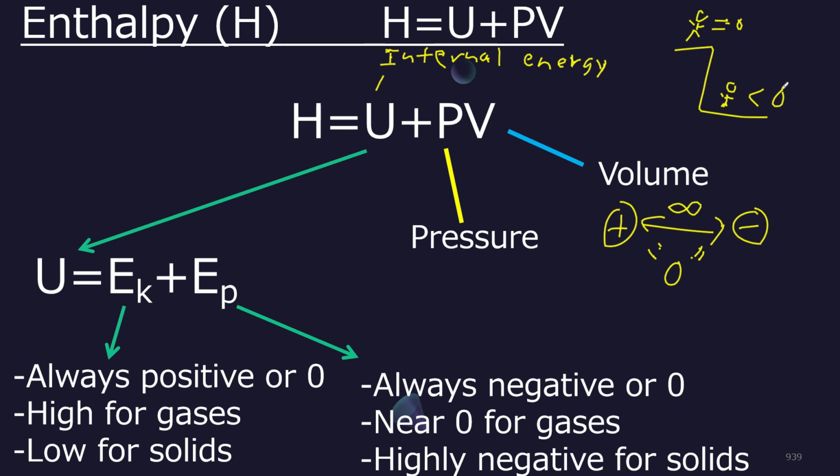So when a negative and positive charge get close together like this, this is EP less than 0, just like my diagram above. And it will be very much less than 0 for solids, highly negative.